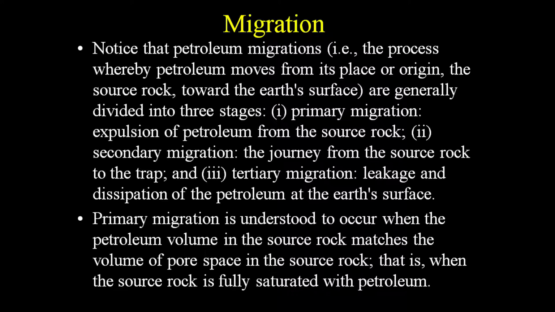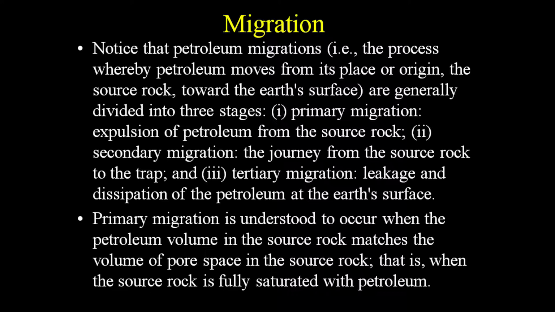Notice that petroleum migrations, that is the process whereby petroleum moves from its place of origin, the source rock, toward the Earth's surface, are generally divided into 3 stages. 1. Primary migration, or the expulsion of petroleum from the source rock. 2. Secondary migration, or the journey from the source rock to the trap.